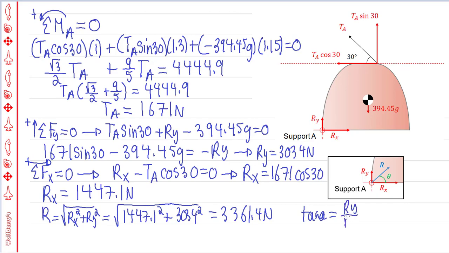Substitute your values of Ry and Rx, do inverse tan, and it gives you theta is equal to 64.5 degrees. Even though the problem didn't ask for that, we're going to calculate it anyway. So that is the final solution to this problem.